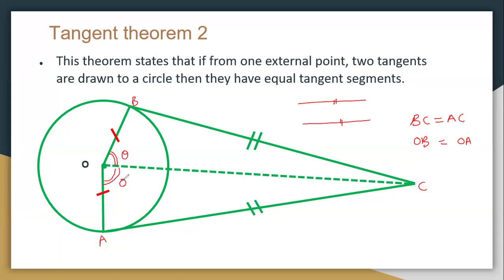Also, this one will be theta. So these two angles at the center are always equal. In other words, if the angle here is 120, it means that the part up here will have 60, and the lower one will also be 60.